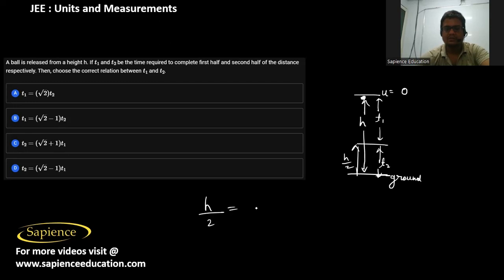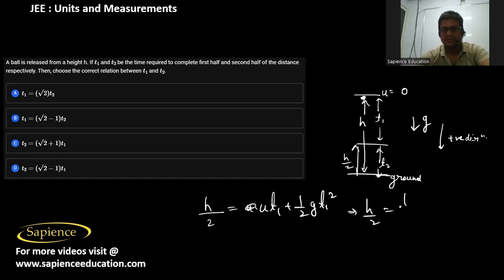So h by 2 will be equal to ut, so u into t1 plus half gt1 square, since g is acting vertically downwards and we are considering the downwards as the positive direction. So it means h by 2 will be equal to half gt1 square since u is 0.